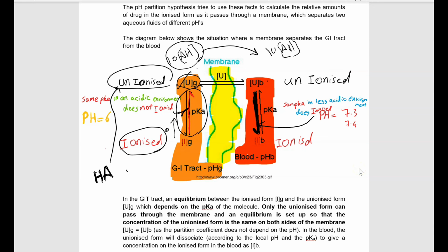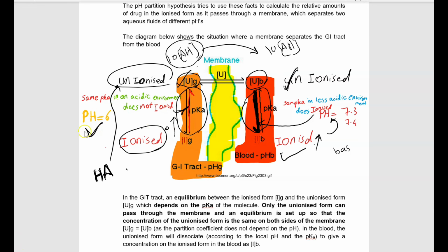So now your whole molecules are here in your blood. So we have another equilibrium between the ionized and unionized. The number of ionized molecules depends on the pH of the new environment. In this case the blood is more basic compared to the intestine, so the pH here is different from here.